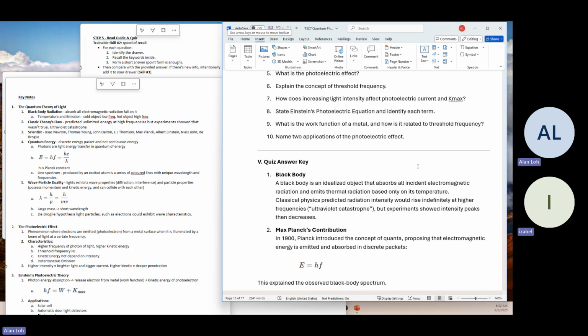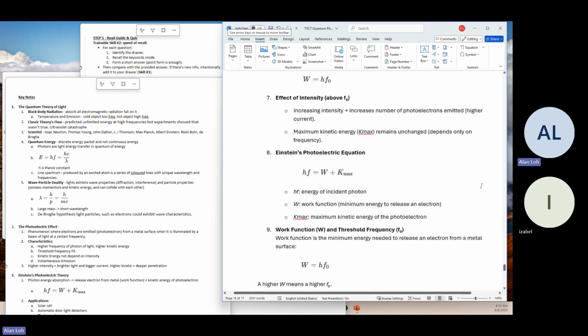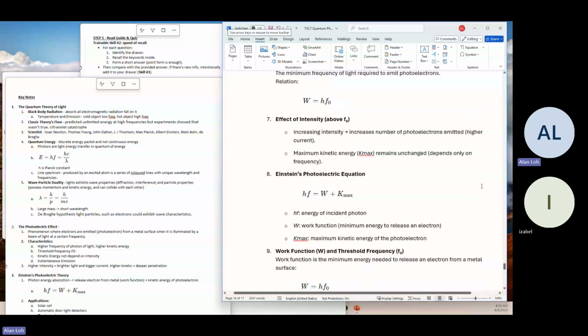Compare answers. Okay, number 9, also drawer 3.